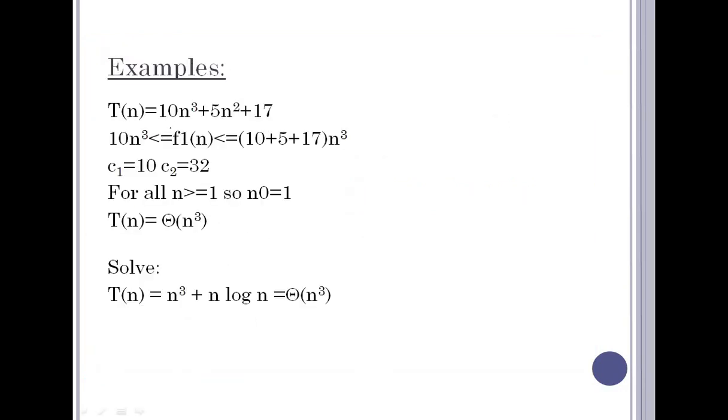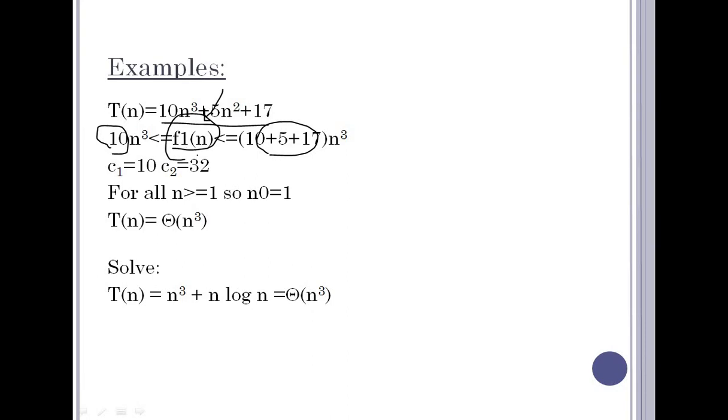Suppose that my time complexity is 10 n cube plus 5 n square plus 17. Here I will find C1 and C2, and I have this f of n. So C1 of g of n, where g of n is n cube, and here my C2 of g of n.